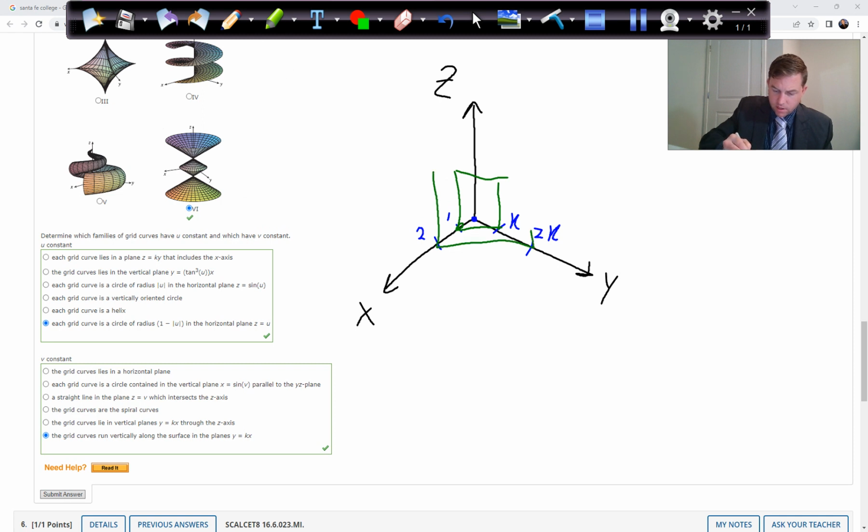If we can imagine cutting this thing at these various points, the resulting curve is going to be straight lines. So we're going to get curves that look like this. Okay, so that would be problem 5.